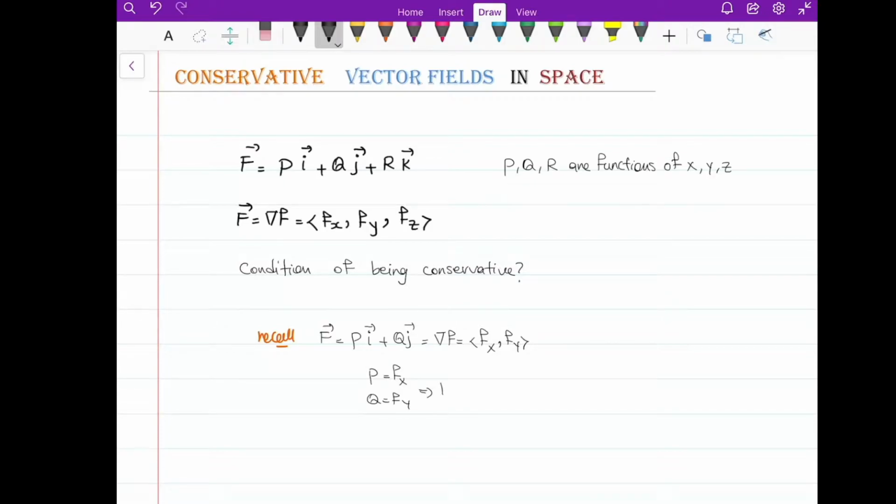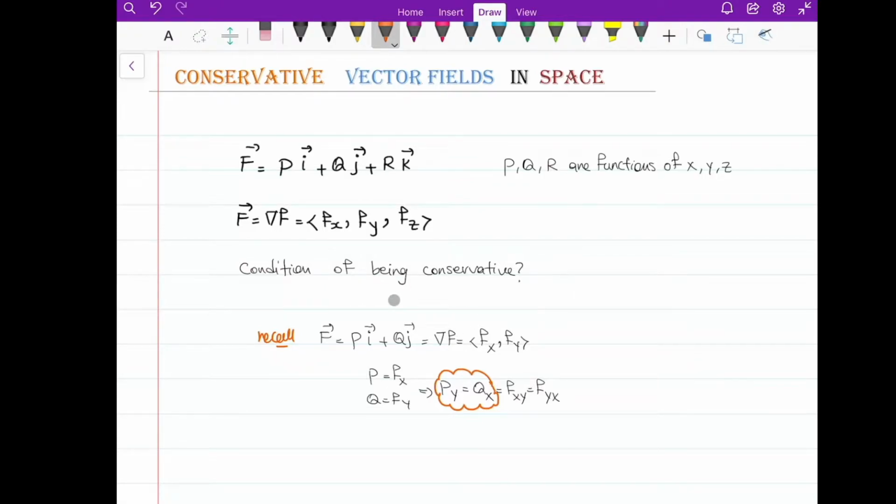So based on that, P with respect to y is equal to Q with respect to x, which means that fxy is equal to fyx. So as you see, that was the condition for a vector field in the plane to be conservative.